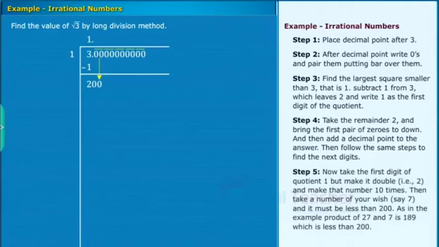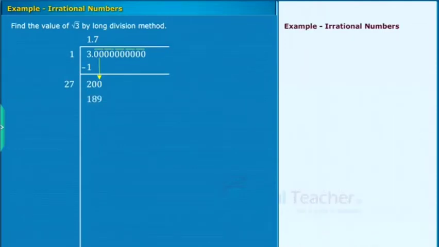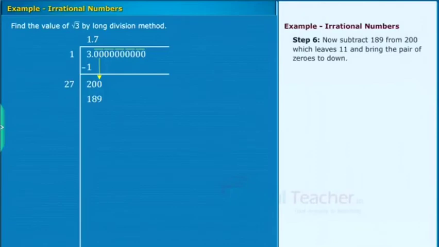Step 5. Now take the first digit of quotient 1, but make it double, that is 2, and make that number 10 times. Then take a number of your wish, say 7, and it must be less than 200. As in the example, product of 27 and 7 is 189, which is less than 200. Step 6.